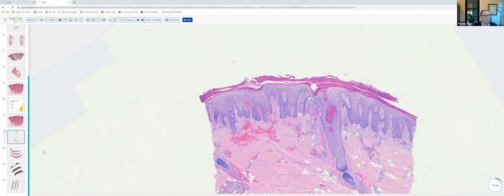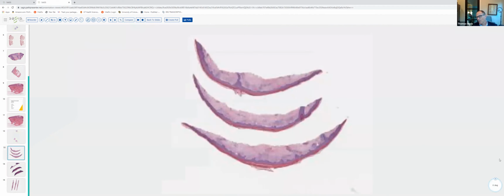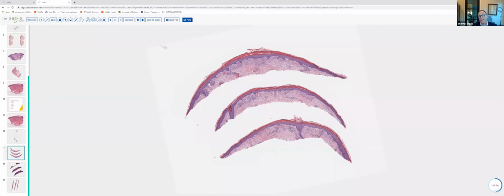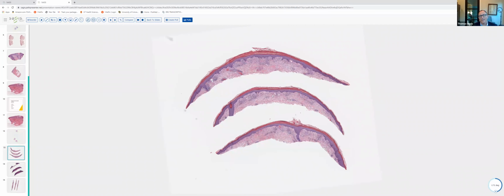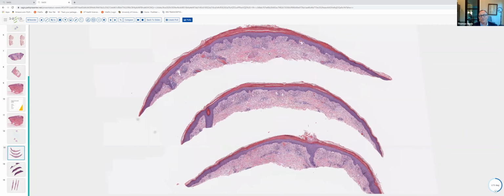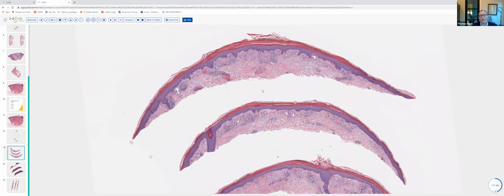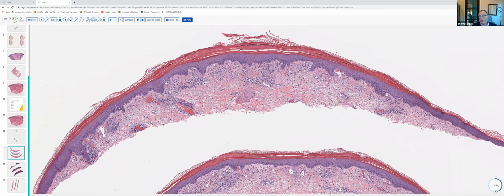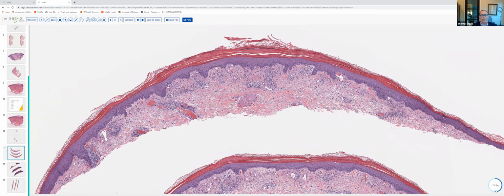Slide 8 was a little tougher. Slide 8 was a lesion of guttate psoriasis. And you can see, guttate psoriasis usually has an explosive onset. This was a fairly recent lesion. And you can see, even though this is psoriasis, there's really not much in the way of epidermal hyperplasia. What are the features that we see that point us to the diagnosis of psoriasis?